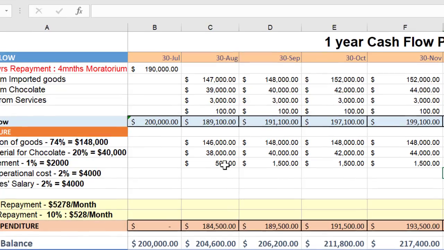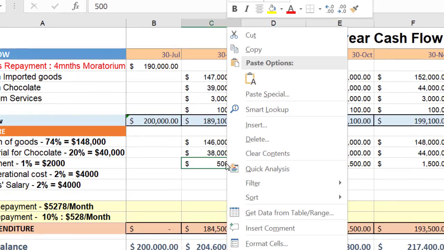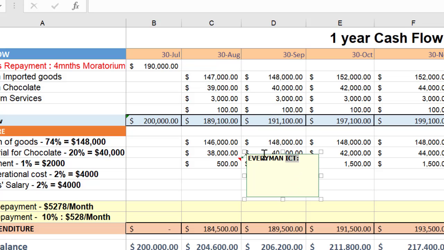Admin operational cost. So it is good that I indicate here, right click, go to comment. This is for my website design. So it's very important that you indicate that.